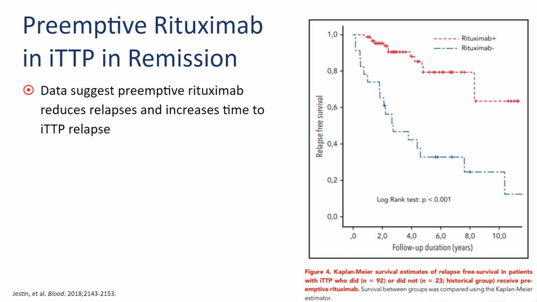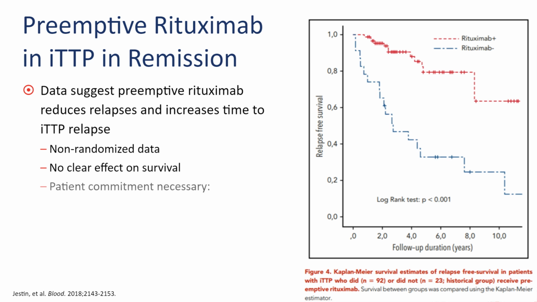It must be emphasized, though, that these are non-randomized data. There's not been any clear effect on survival demonstrated to date. That will take many more years, I believe. What also has to be considered is the patient commitment necessary for this serial monitoring of the ADAMTS13 activity, the potential issue of expense, and the potential issue of anxiety developing in patients who react adversely to knowing their ADAMTS13 activity is low, where relapse may not be absolute.